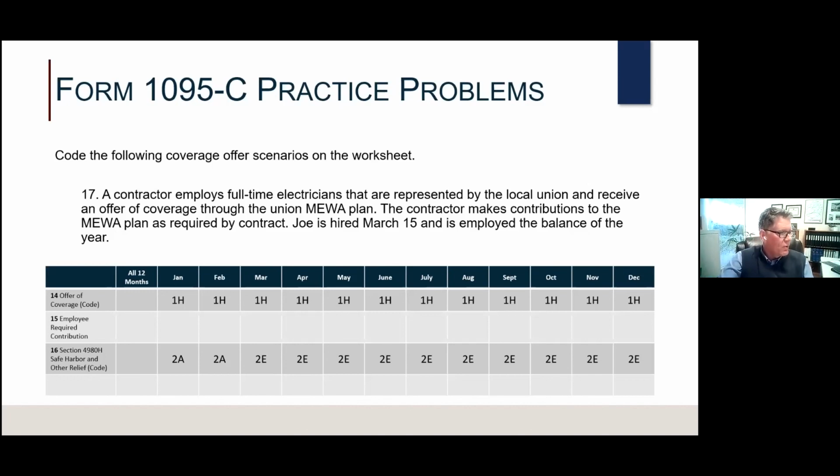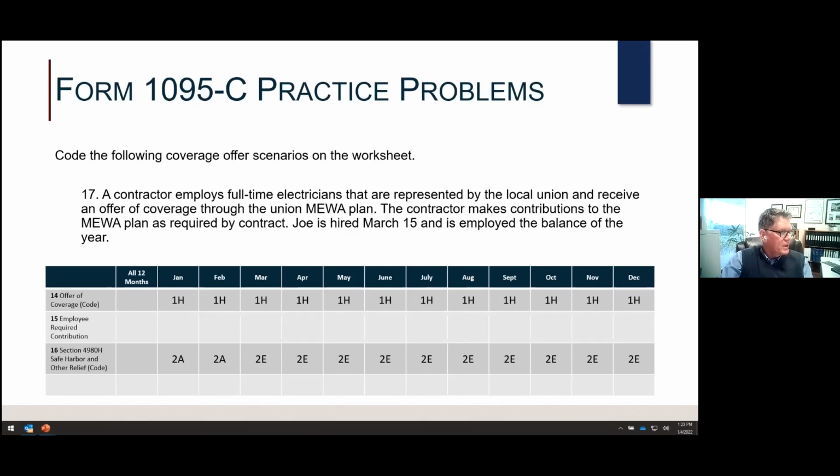Question about variable hour employment. If a variable employee enrolls and his hours are reduced to part-time, is the employer still required to partially pay for the employee's coverage? So yes, that's that stability period issue where if a variable hour employee measures eligible for coverage and they're in that stability period, that eligibility status is locked in for that entire stability period, regardless of their hours of service.